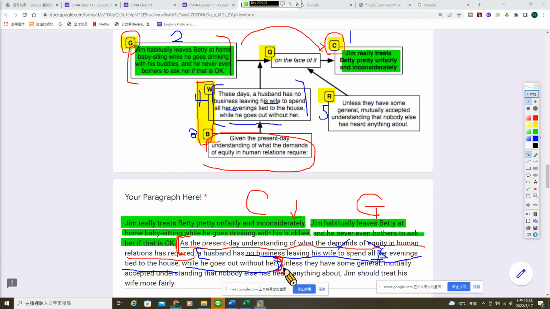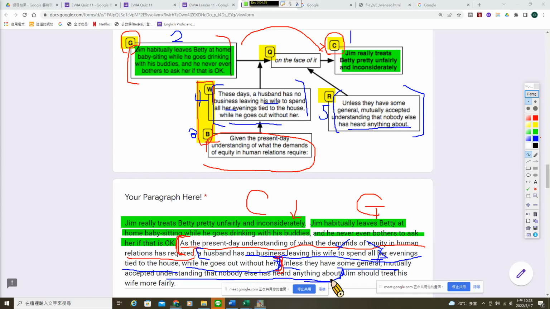So number 5, unless they have some general mutually accepted understanding that nobody else has heard anything about. So over here we have the rebuttal, something exceptional, something that is of exception. So that's here, right?